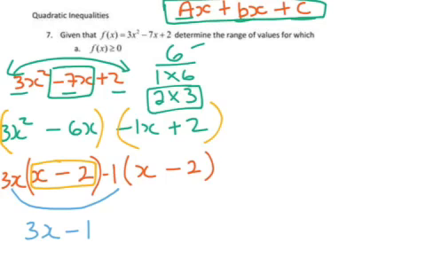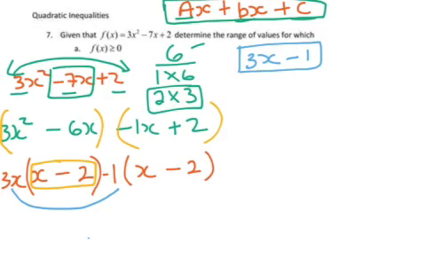You notice x minus 2 is the same thing as x minus 2 over here. So we'll just take 1, which will have, let me put them at the top here. Alright. So 3x minus 1, and then here we have x minus 2.